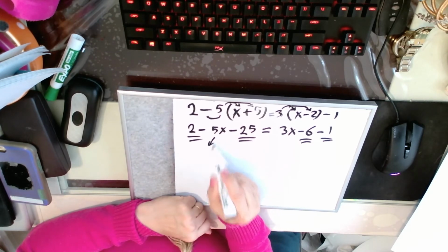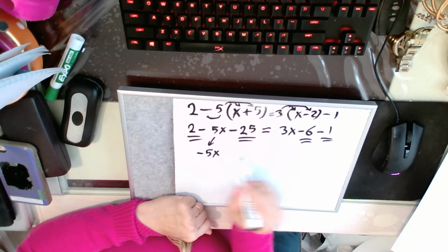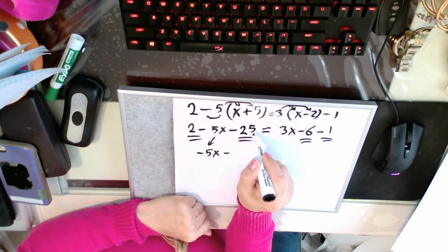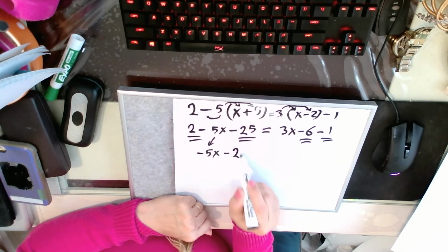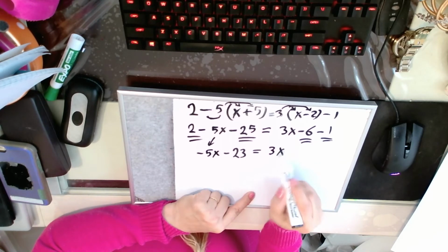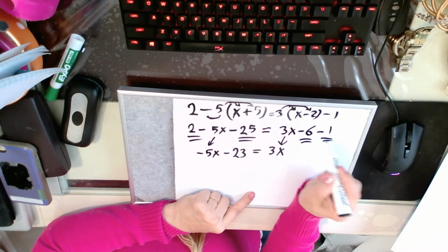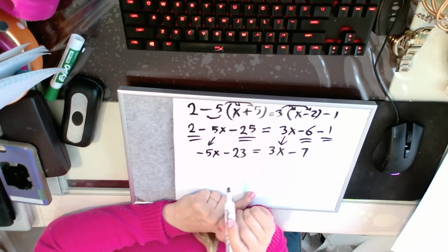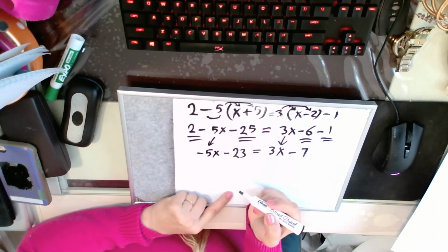So this one goes down: minus 5x, then 2 minus 25 is minus 23, equals 3x, goes down, minus 6 minus 1 is minus 7. Add them together, same sign.